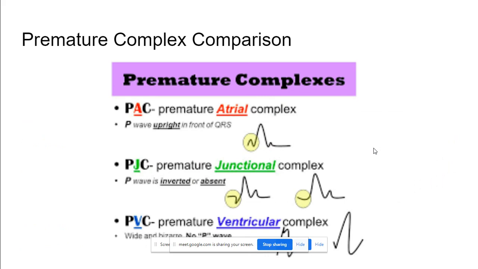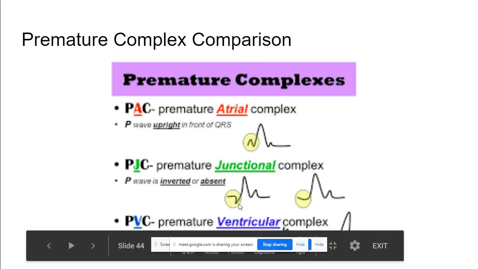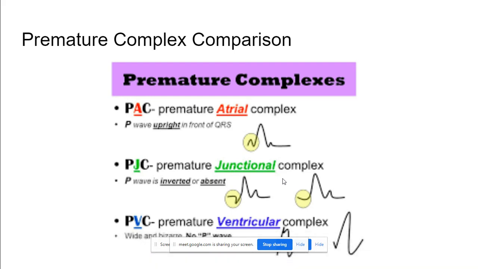All right. This is just a slide to show you the premature complexes and how they differ, and how you would identify whether they're coming from the atria, the junctional area, or the ventricular area, because it's easy to see a regular rhythm and all of a sudden see a premature beat, but determining whether it's atrial, junctional, or ventricular can be confusing.